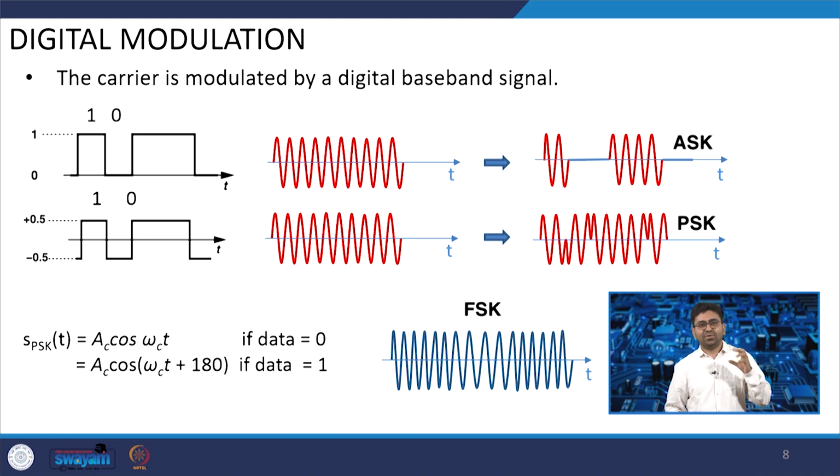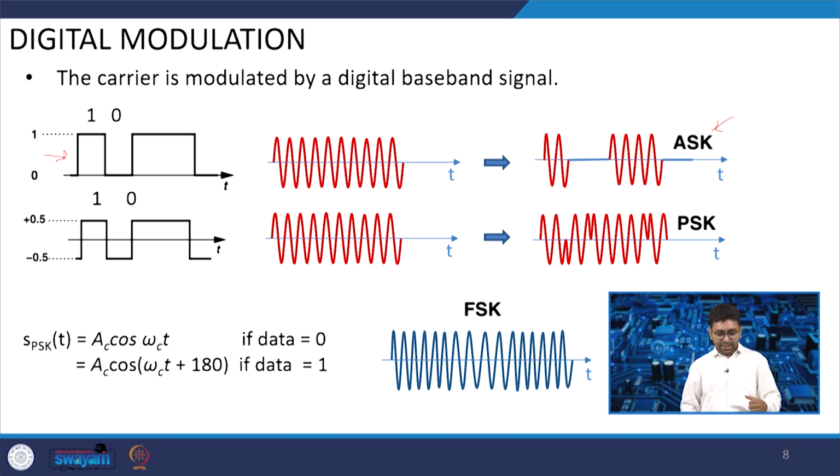So, when there is a 1, the signal is transferred; when there is a 0, the signal is not transferred. This kind of modulation scheme is called ASK, amplitude shift keying, where we are shifting the amplitude, meaning we are just keying the amplitude with whatever amplitude is coming from the baseband signal.